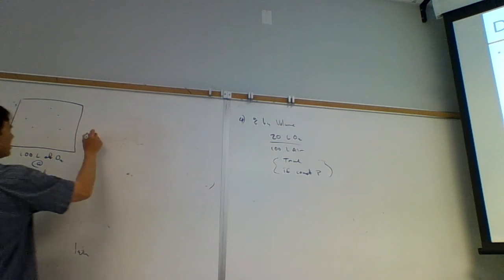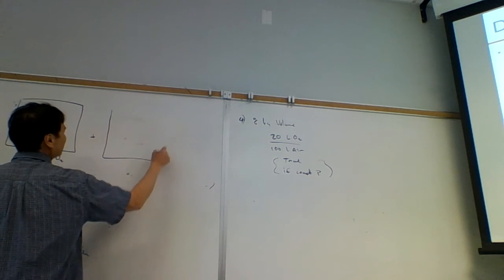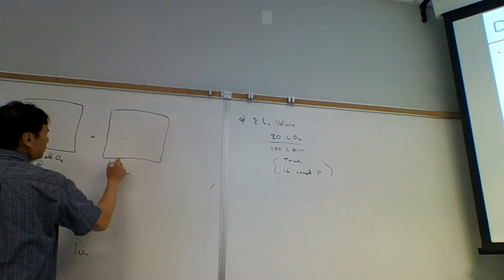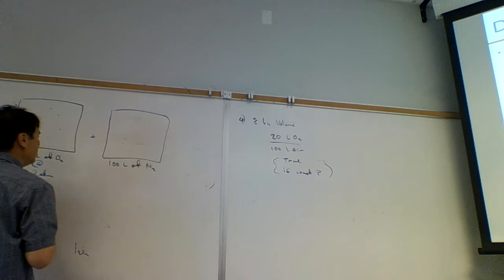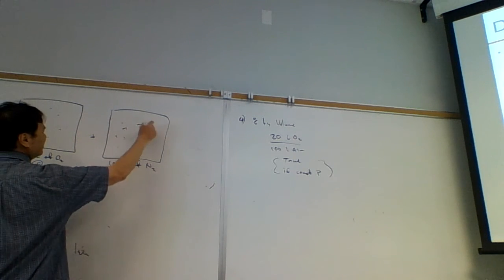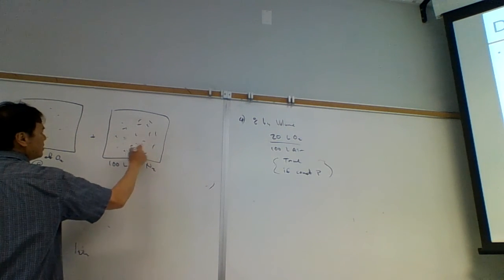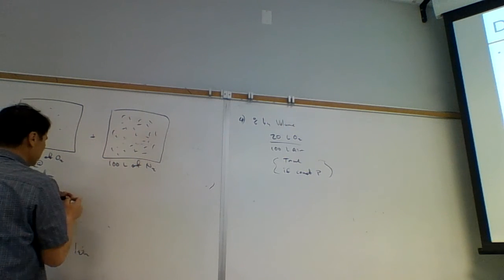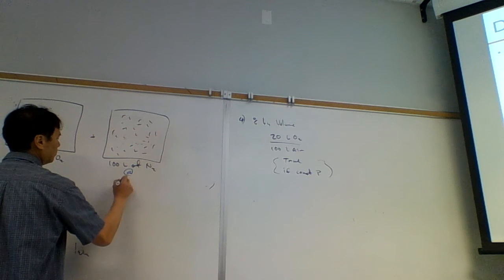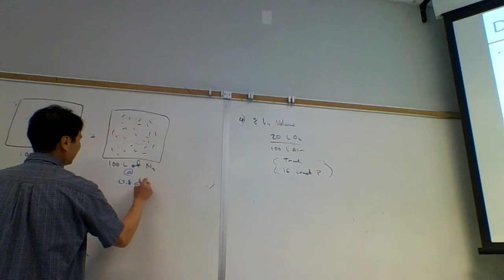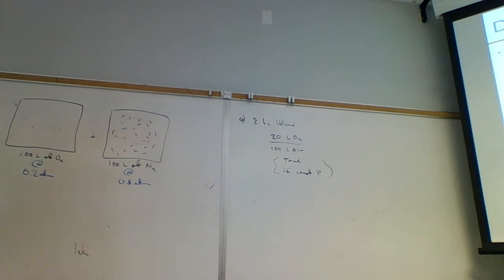And then I'm also going to have 100 liters of nitrogen. But I have a lot more nitrogen in here, so I have a separate box of nitrogen. The nitrogen is going to be at how many atmospheres? 0.8 atmospheres. So we have Dalton's law.